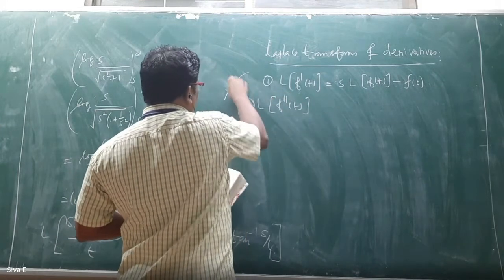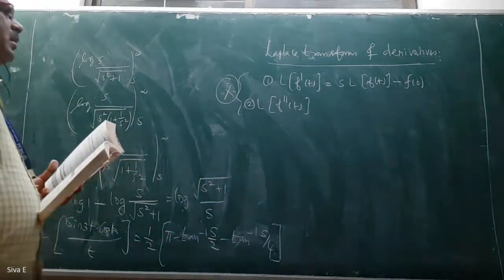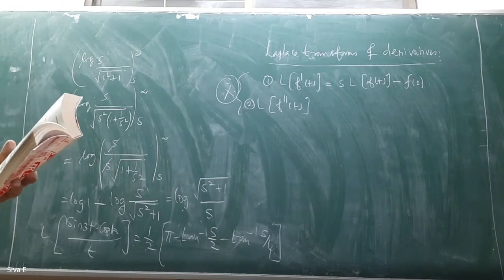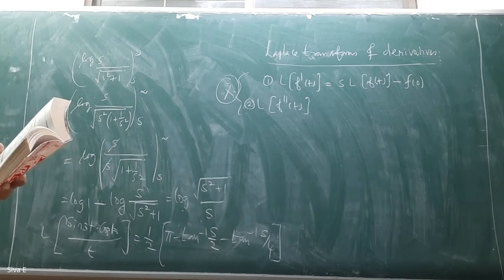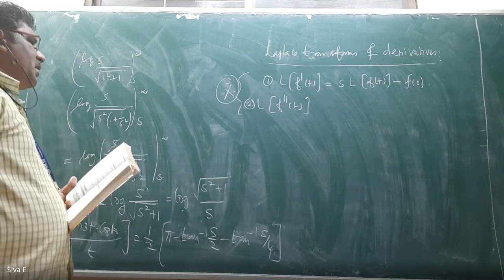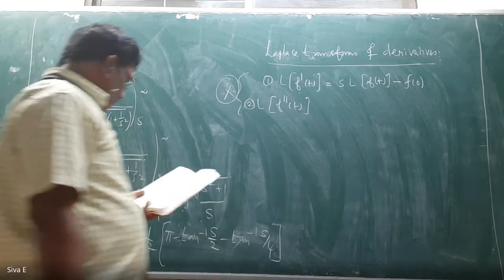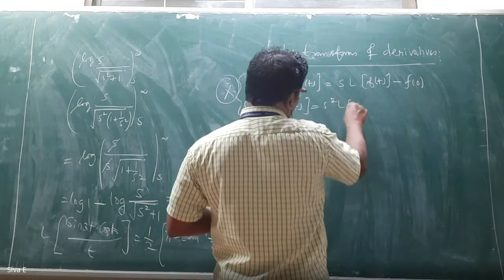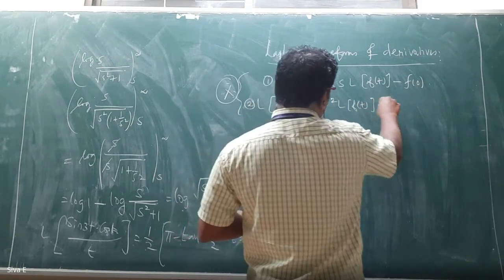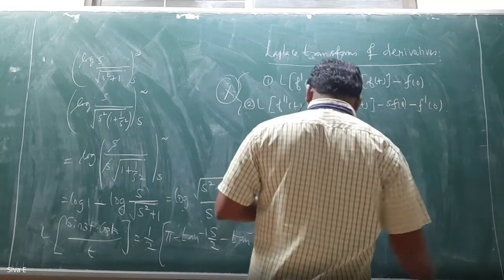These two are more important for our subject because we are discussing Fourier transforms on differential equations, integral transforms and integral equations. We will use this Laplace transform when we are solving differential equations. L of f double dash of t equal to s square L of f of t minus s into f of 0 minus f dash of 0.